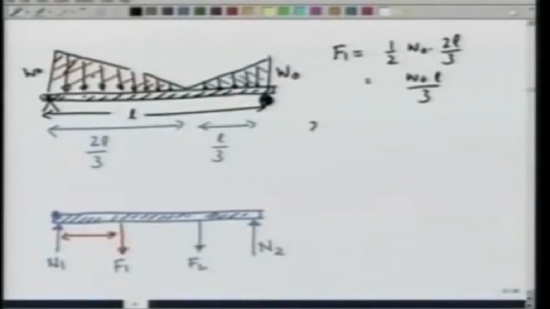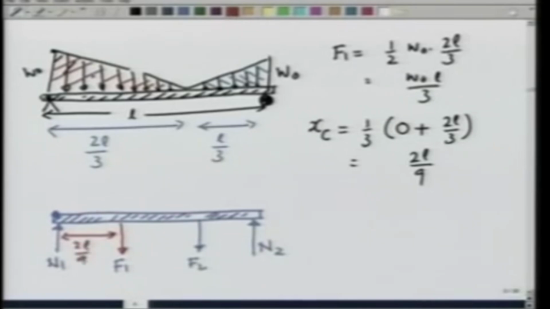The centroid is going to be equal to 1/3, A in this case is 0, and B is 2L divided by 3. So, this is acting at 2L by 9. So, this distance is 2L by 9 and F1 is equal to W0 L by 3.